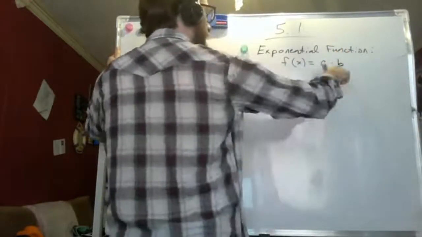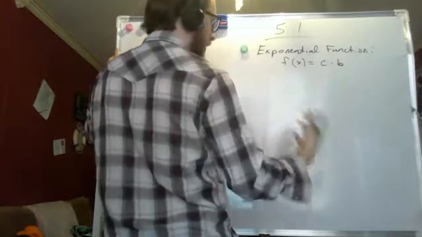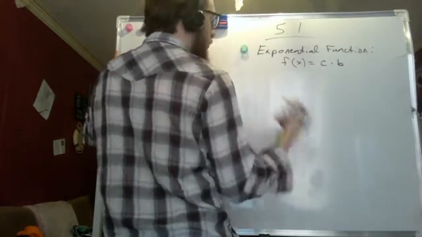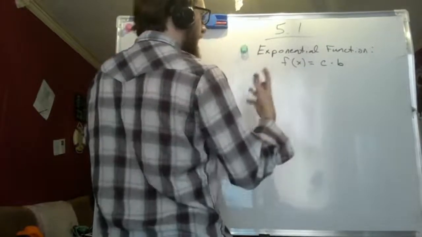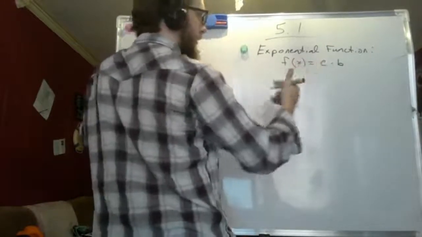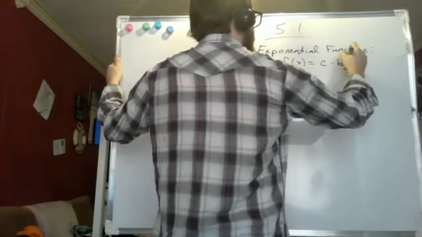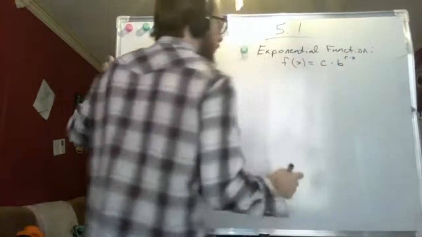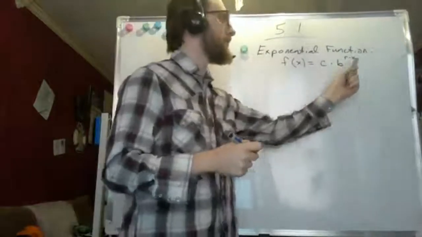constant b. Now this b is specifically a positive number, and also not equal to 1, because if it equals 1, then it doesn't really do anything here. But this b is raised to the r times x power, where r is some other constant.